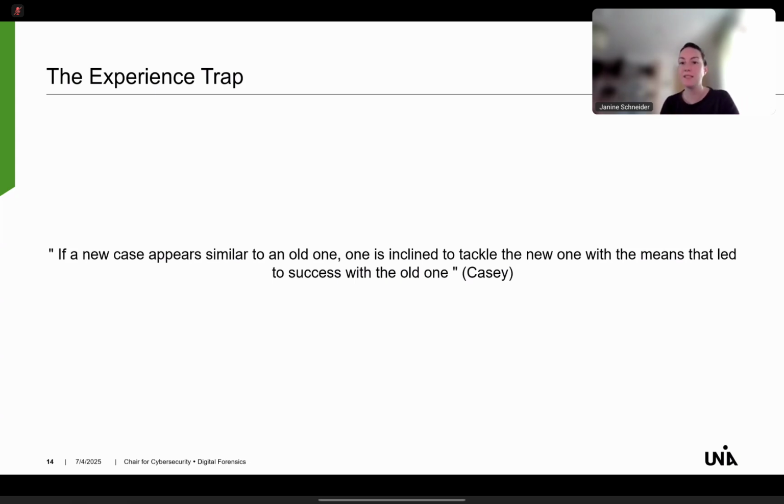That's not true, and these assumptions can be dangerous for investigators. We will come to an example in a second. Investigators should always have a look at the facts and not assume things, even though they might think that this case is similar to another case in the past.